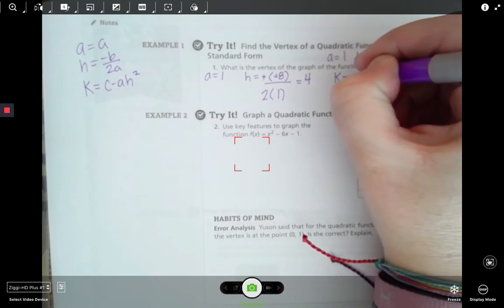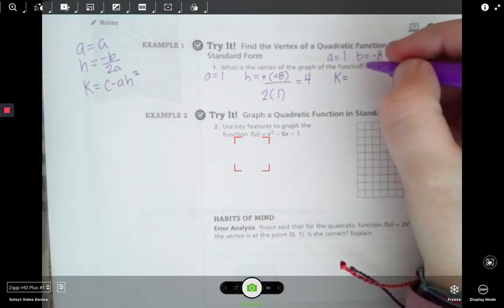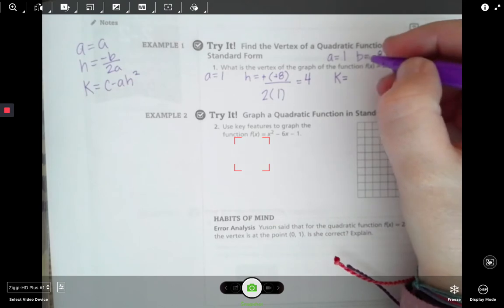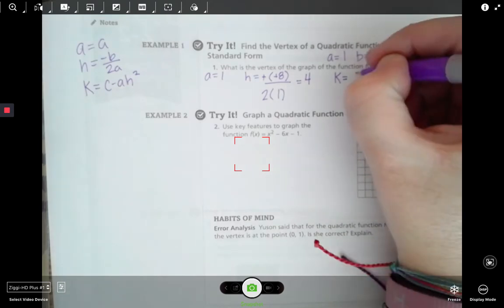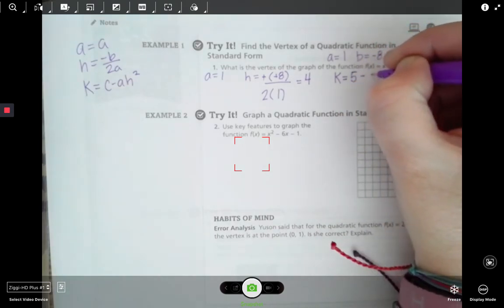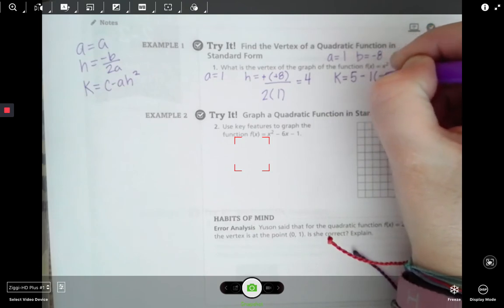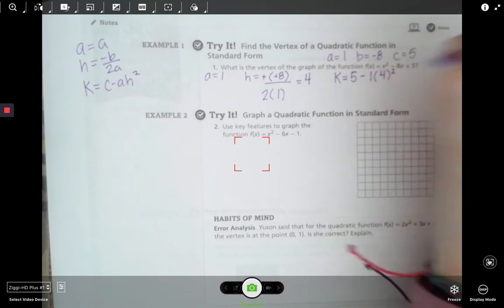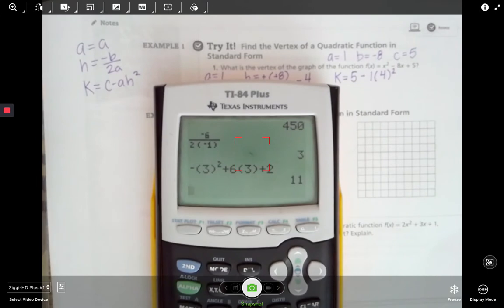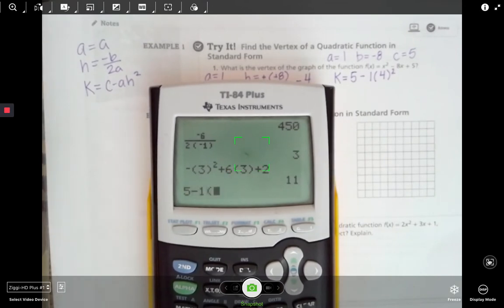So k equals c minus a times h squared. So c is 5 minus a times h squared. So 5 minus 1 times 4 squared, not 9, 4 squared. And we get negative 11.